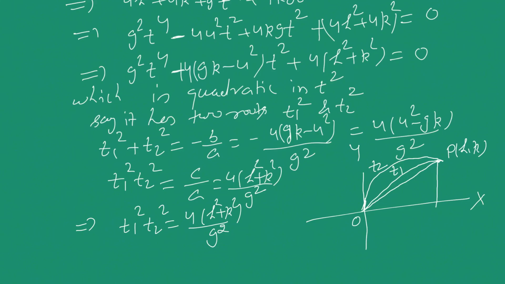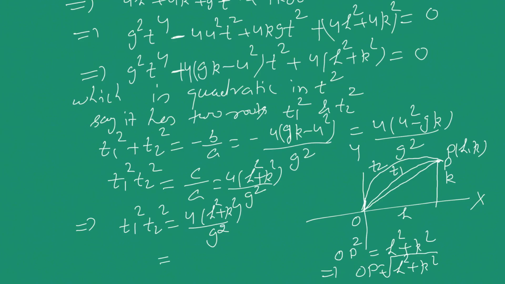In this case, this is k, this is h. So OP square is equal to h square plus k square. This implies OP is equal to the square root of h square plus k square. So if I put the value of h square plus k square, it will be OP square.